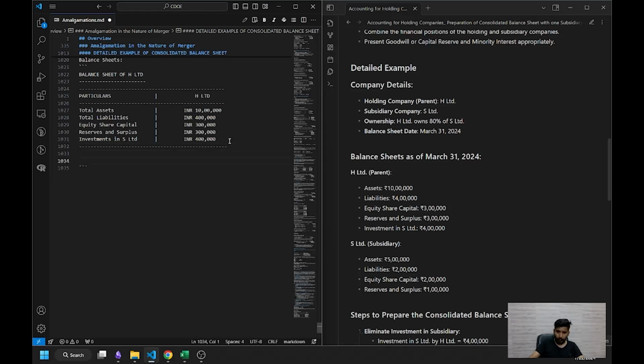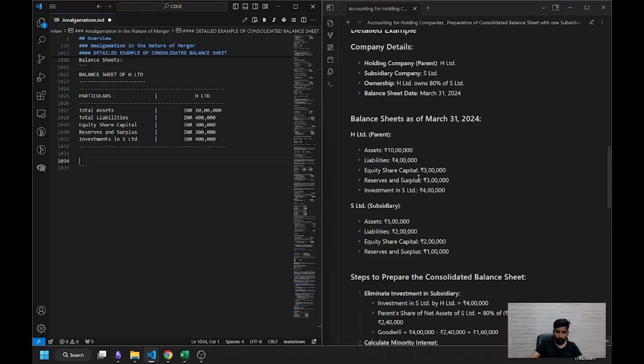Okay. And similarly, we have the balance sheet of S Limited, which is as follows.